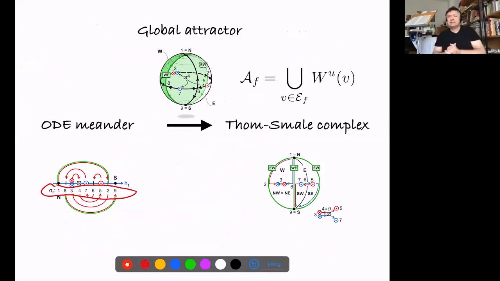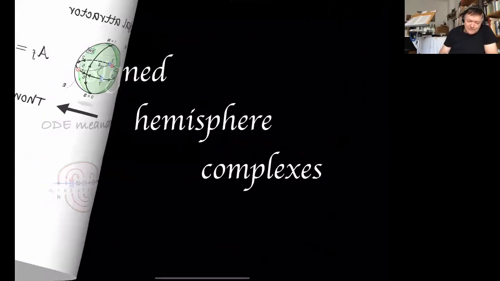Abstractly, this global attractor is homotopy equivalent to a point. That's also a theorem. But that doesn't tell you what it really looks like. The cell complex, which is dynamically defined by the unstable manifolds of the critical points of our function, is the Thom-Smale complex which we want to pass to.